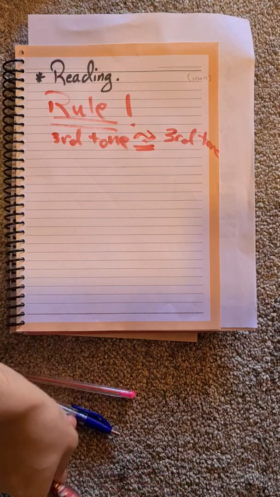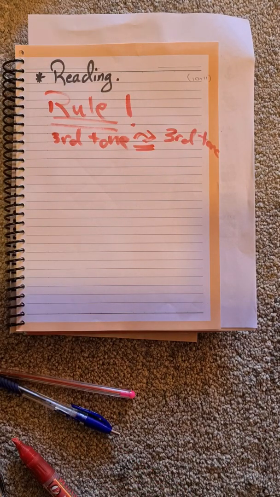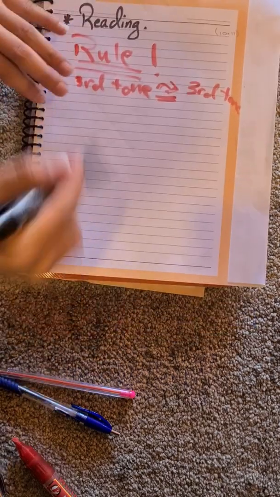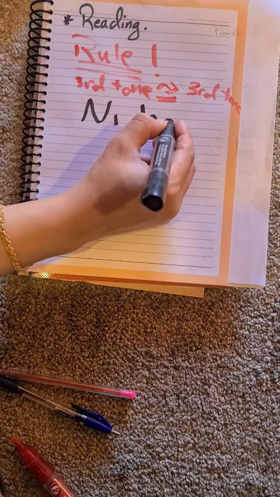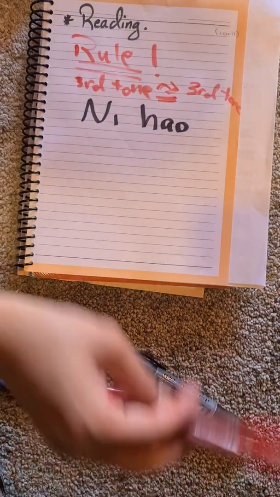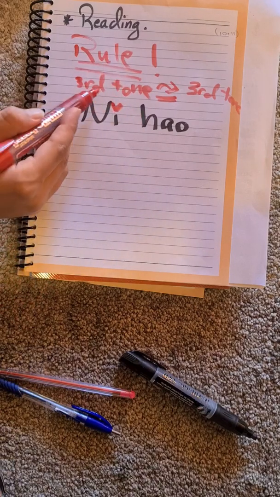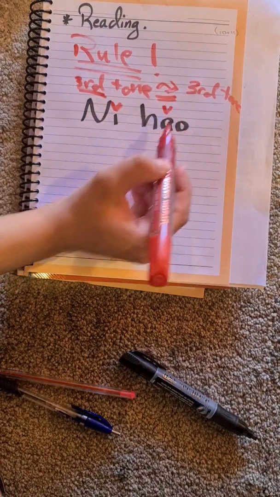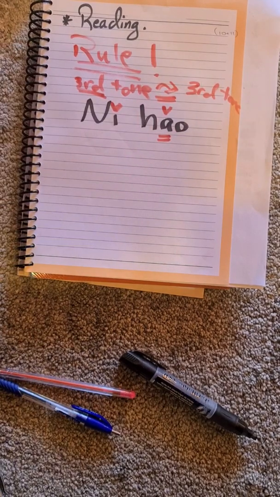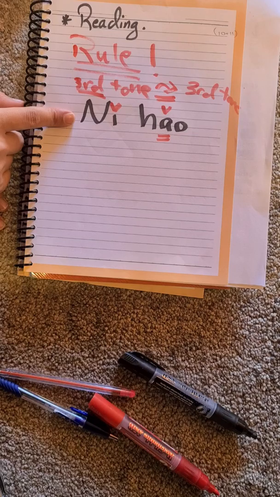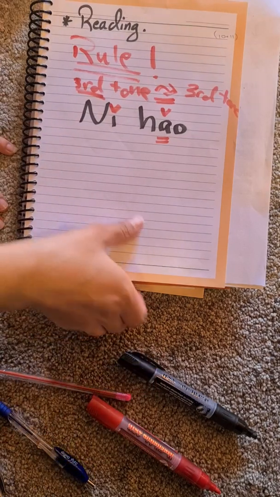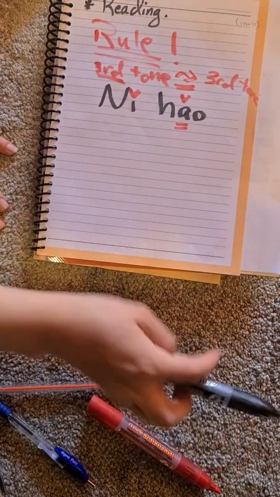If you find any word like this word, for example, ni hao, and you notice that ni is a third tone followed immediately by another third tone, hao, you have to change only in pronunciation. You have to change the first one and make it a second tone, only in pronunciation.